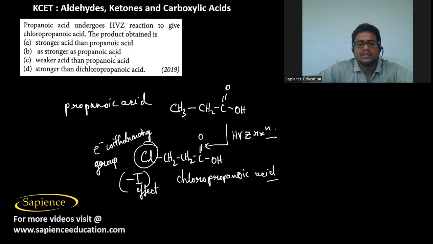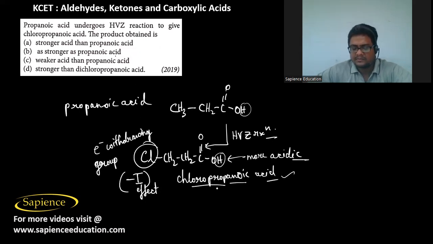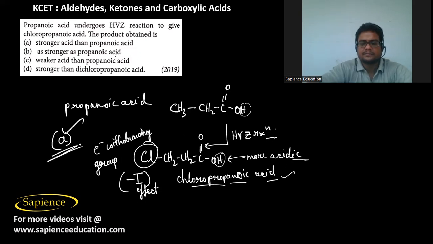Due to the minus I effect, it will increase the acidity of the acid. It means this hydrogen is more acidic than in the case of propanoic acid. So chloropropanoic acid is a stronger acid than propanoic acid. So option A is the correct answer.